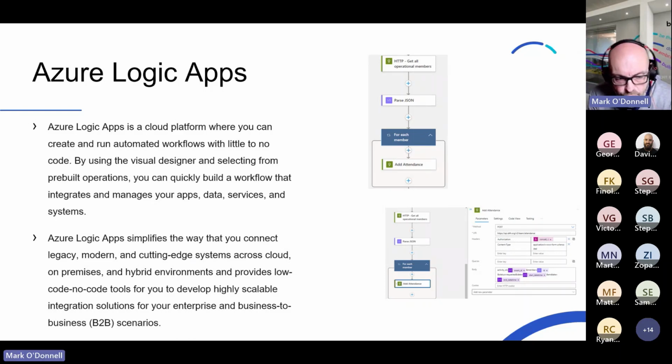And they can be monitored using things like Log Analytics to understand exactly what's happening. They support native connections to a huge number of systems, and if you've got something really unique, you can develop your own, although I've never really come across that scenario. And finally, they can interact with on-prem systems as well via data gateway if required.